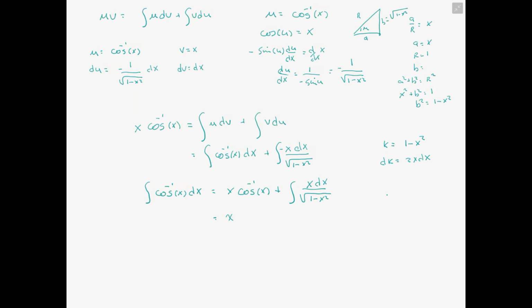So we have x arc cosine of x plus 1/2 dk over k to the 1/2.